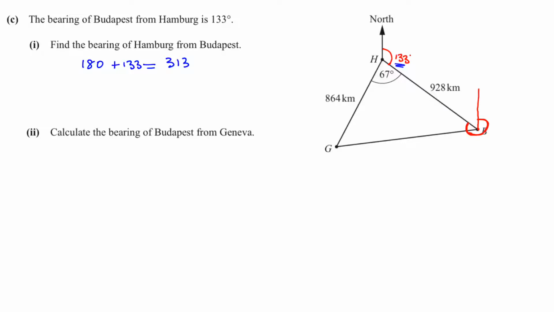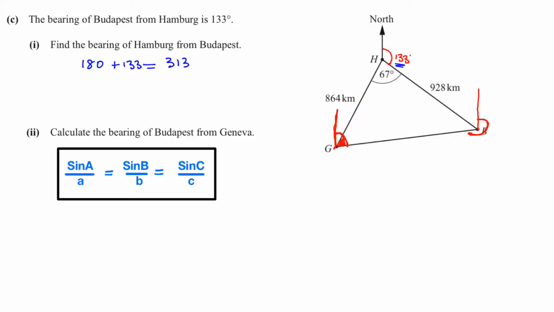Next one, calculate the bearing of Budapest from Geneva. Therefore, we need to find this angle. But before we find that, we will need to find HGB. To find angle HGB, we'll have to use the sine rule. Already found GB, which was 990.5.